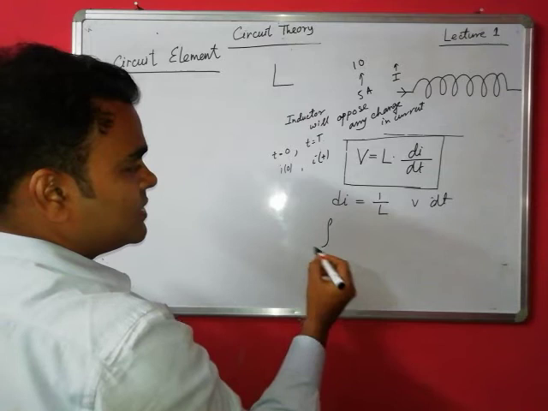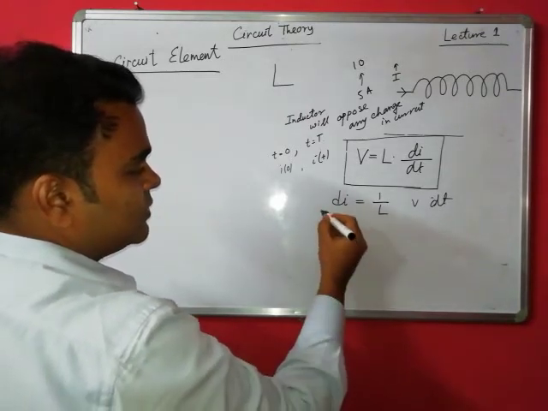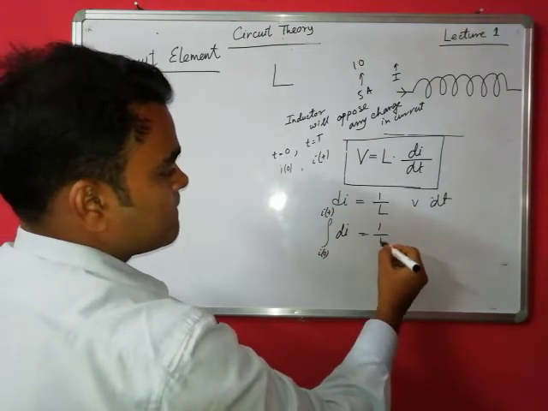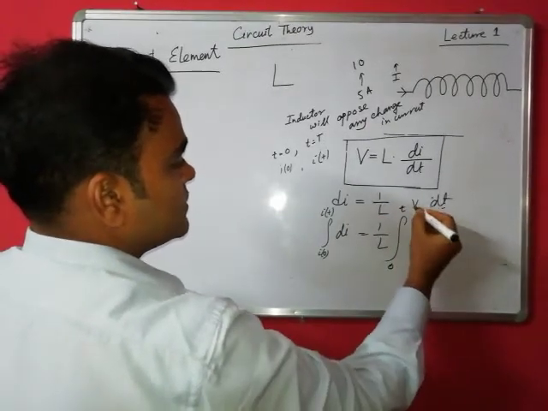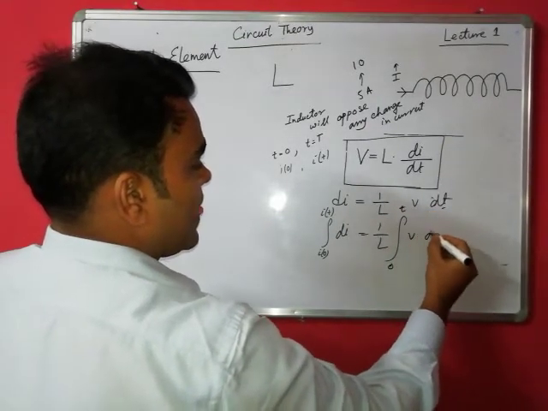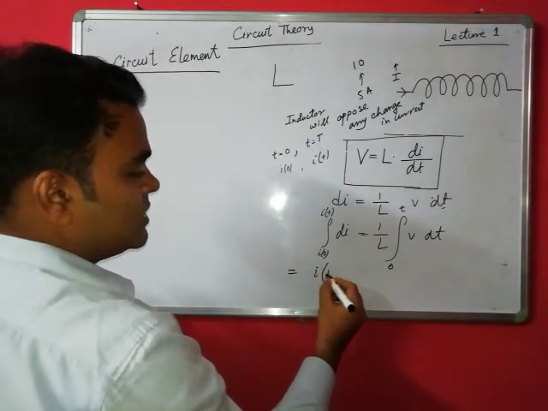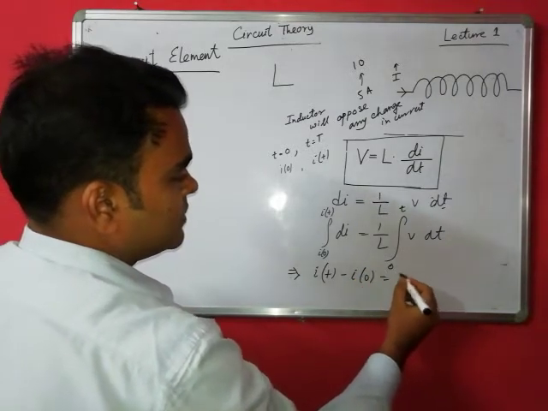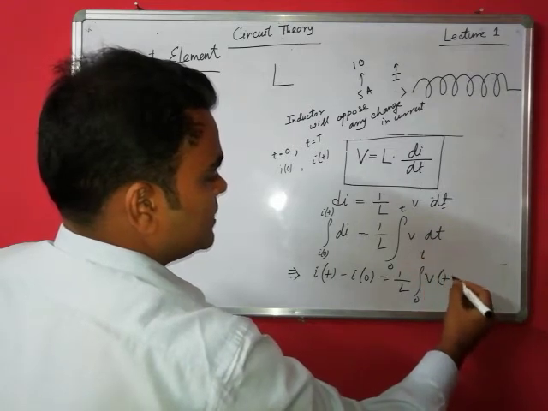So if we integrate it from I0 to IT, respectively, and the right side from 0 to t. What we'll get? We'll get IT minus I0 is equal to 1 by L integration from 0 to t of v dt.